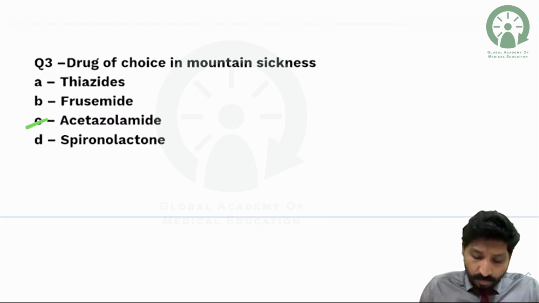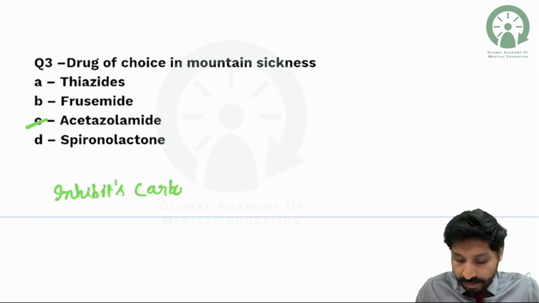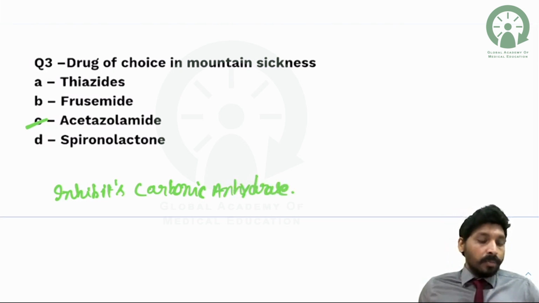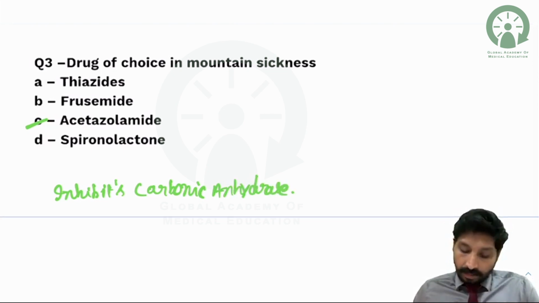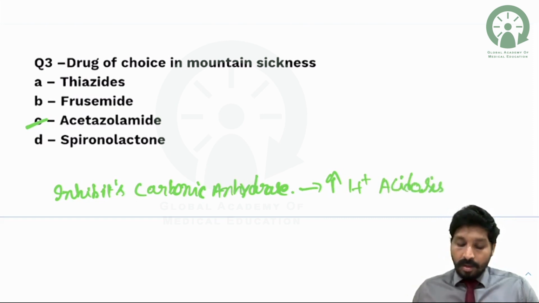Acetazolamide is a drug which inhibits carbonic anhydrase. This is the enzyme. So as this carbonic anhydrase is inhibited, it leads to an increase in hydrogen ion concentration. That means acidosis. Right.